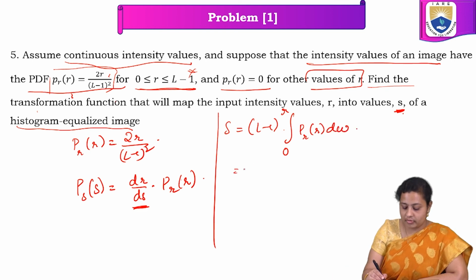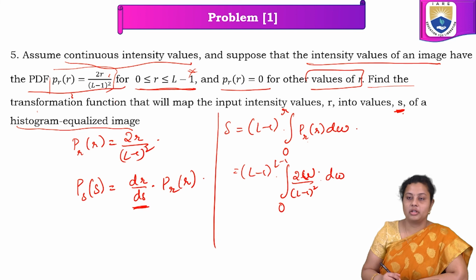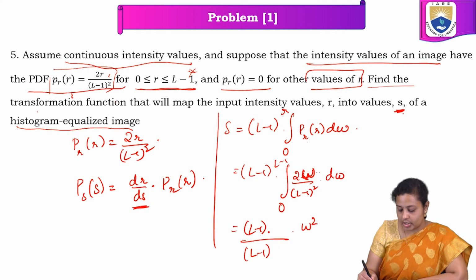So here we have (L-1) times the integral from 0 to r of 2w/(L-1)^2 dw. I take L-1 out, so we have 2w integrated over 0 to r, which gives w squared, with the values ranging from 0 to r.